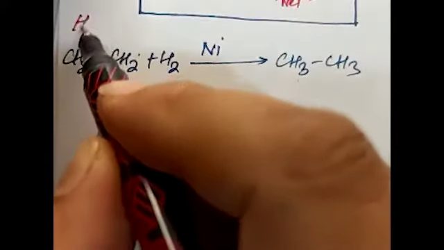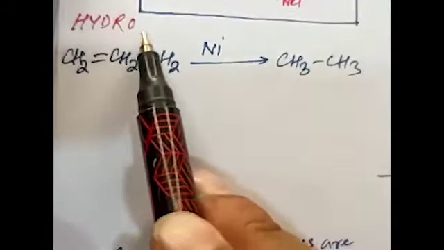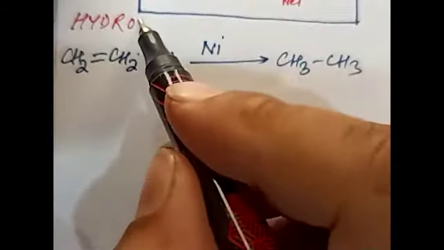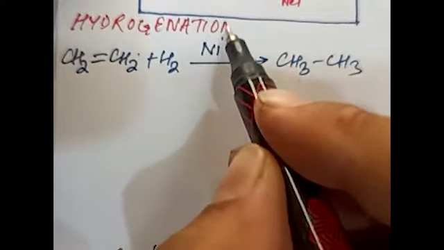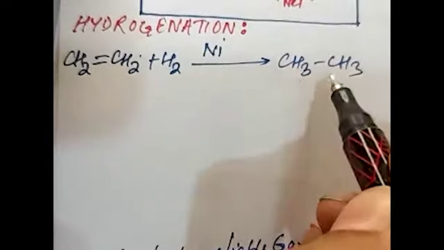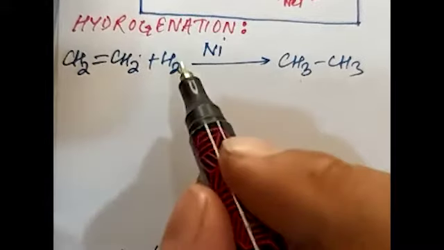ये तुम्हारा एक normal reaction है that we have taken from organic chemistry. This is known as the hydrogenation. Hydrogenation. This is the addition reaction. सबको पता है. To convert alkene into alkane. ठीक है. तो यहाँ पे क्या है?